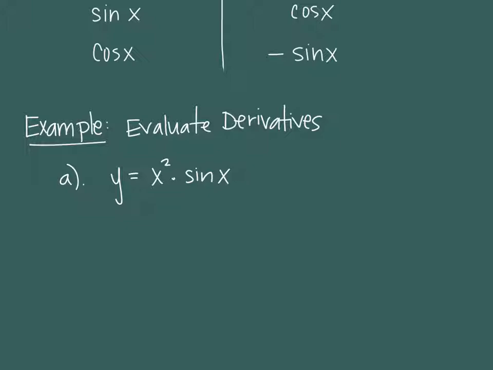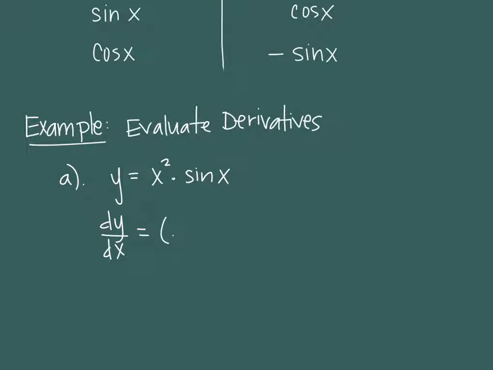Not power, product. Okay? Well, I guess a little bit of the power rule, but mostly the product rule. We're going to use the product rule to find the derivative, but we're also going to use the rule we know for x squared and the rule we know for sine of x now. So dy dx, when I write that, that doesn't mean you have to prove Leibniz. It just means that's the notation for derivative.